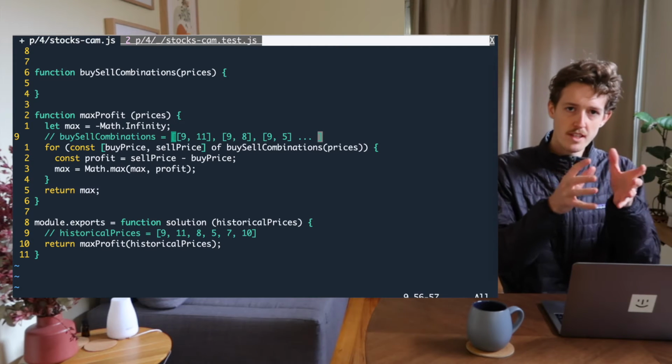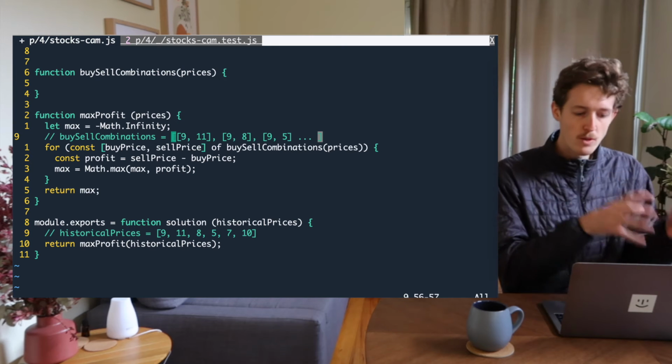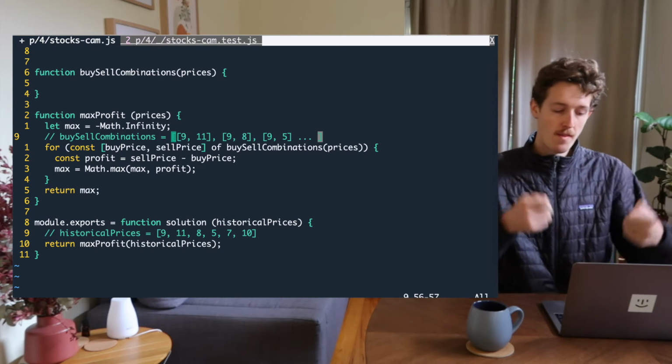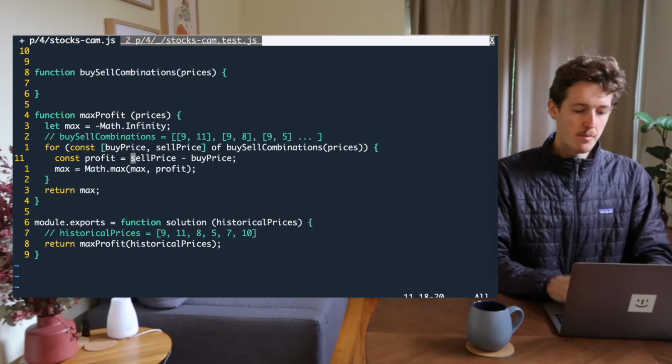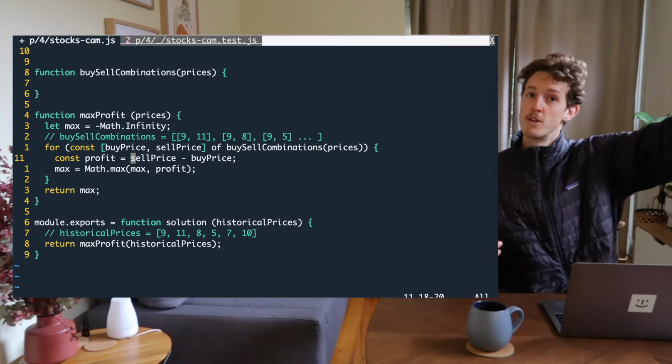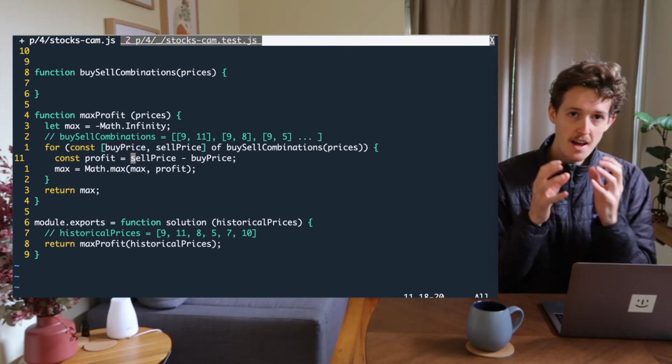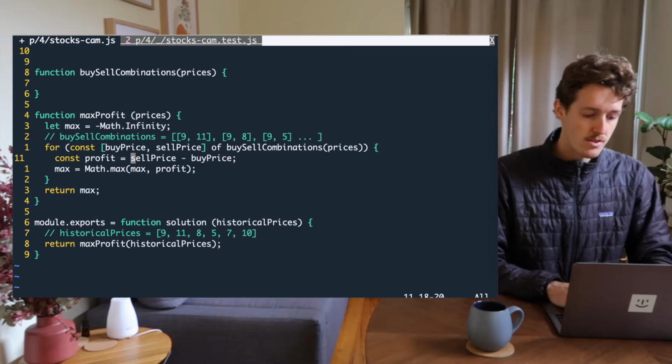So it's going to give us all possible combinations of buy and sell prices, and then we're going to calculate the profit, which is what you sold it for minus how much you bought it for, and then see if that particular profit is the greatest we've seen so far.